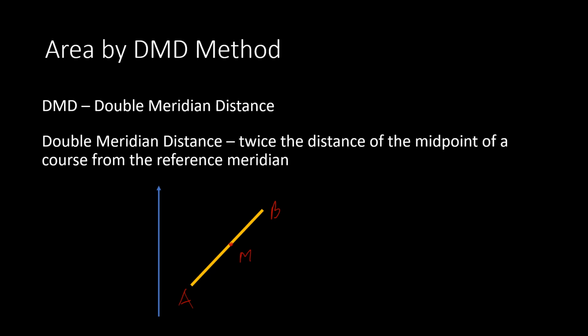Let us call this M prime. Now the distance between the midpoint and the reference line is D equal to MM prime. So the double meridian distance of line AB is simply 2 times the distance MM prime.